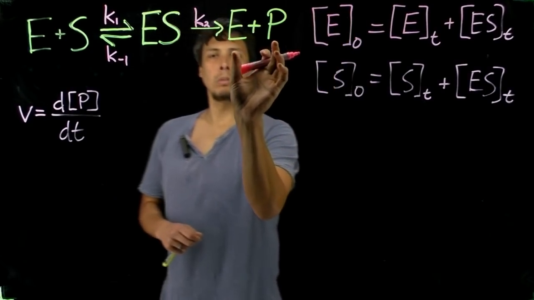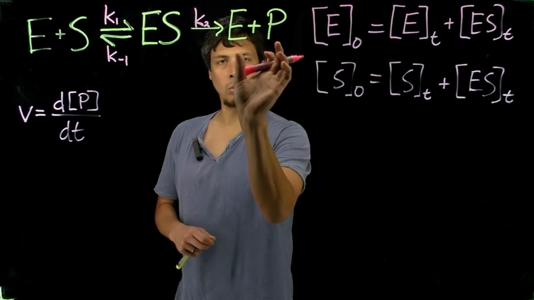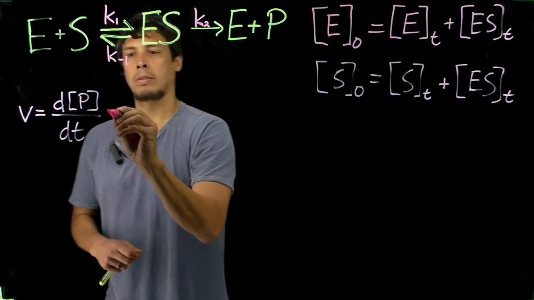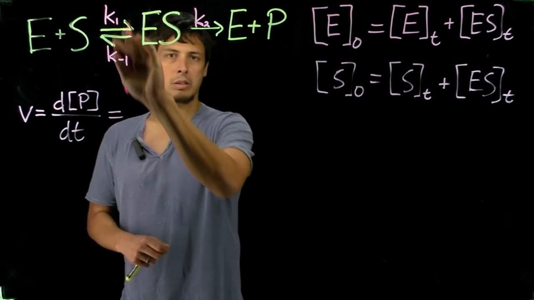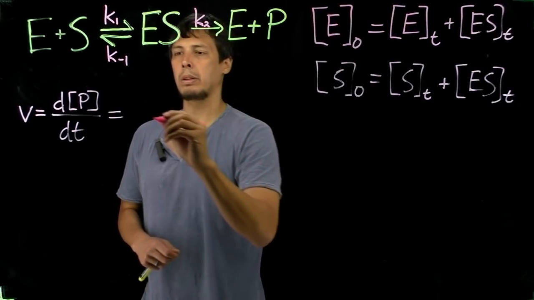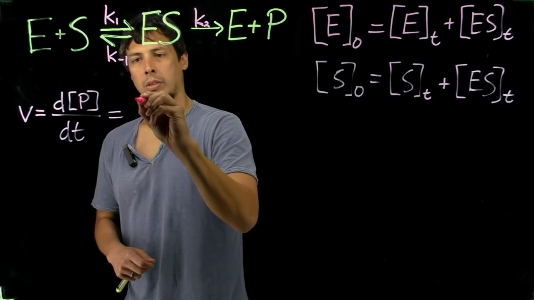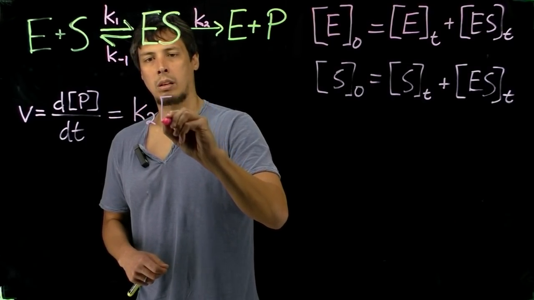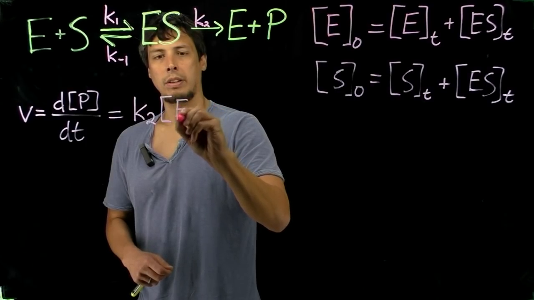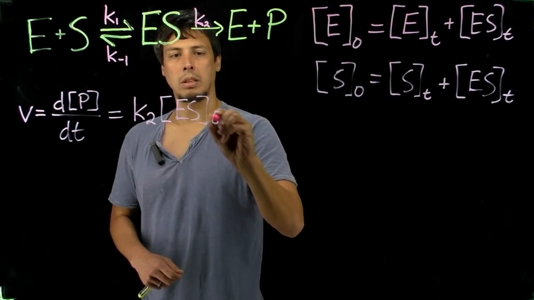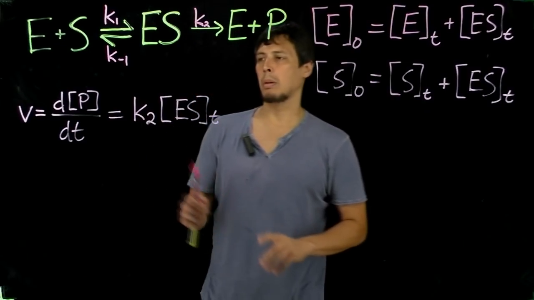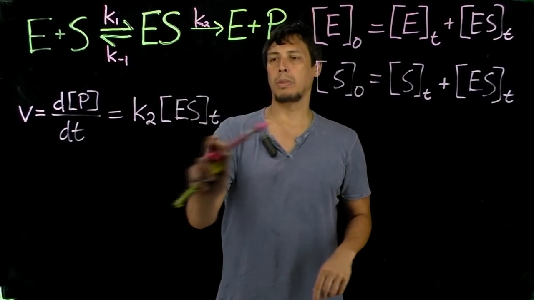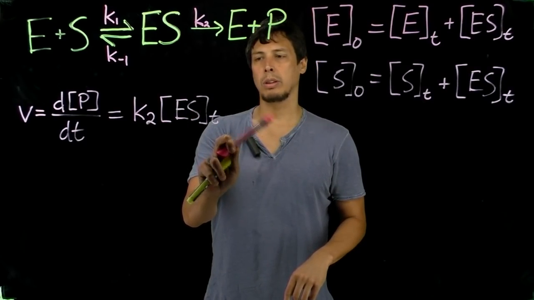The only way P can be formed is by the enzyme substrate complex. None of the other rate constants relate directly to formation of P, and so we set this equal to K2 times the concentration of ES at any given time t. Remember that this is formation of P, so this is positive, not negative, and this is how we set up the equation.